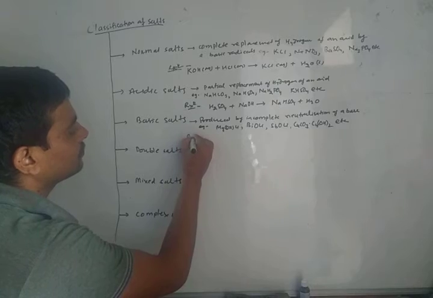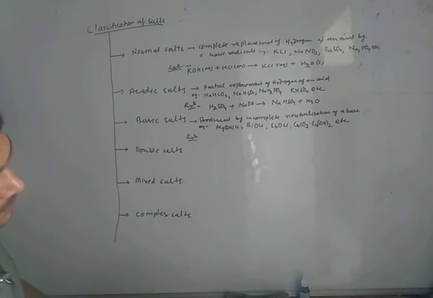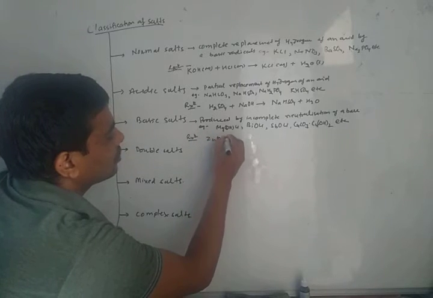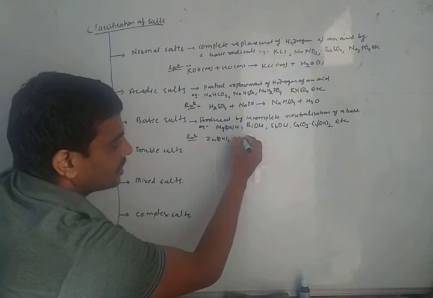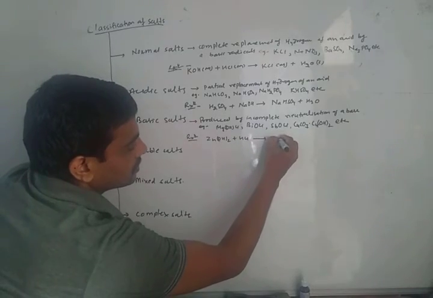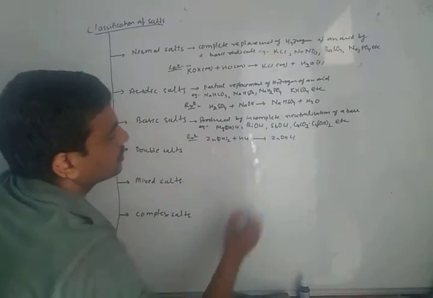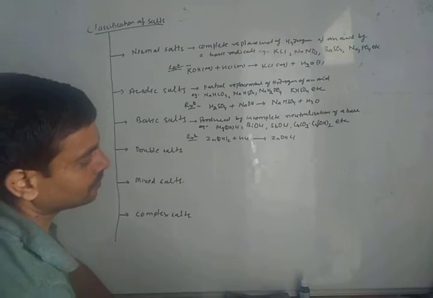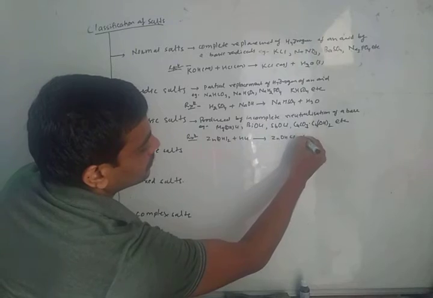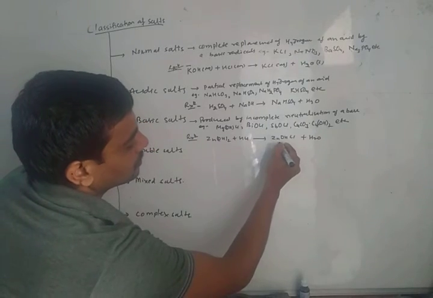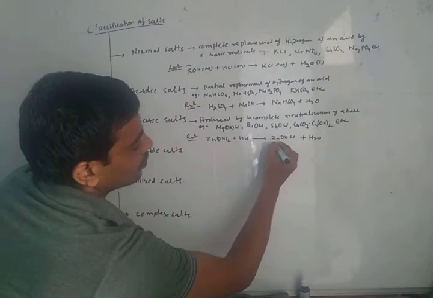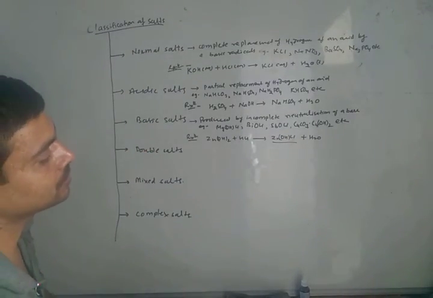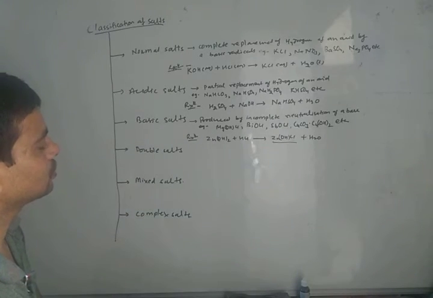The reaction is zinc hydroxide, Zn(OH)2, when treated with HCl, forms ZnOHCl plus water. This is what we are talking about, a basic salt.